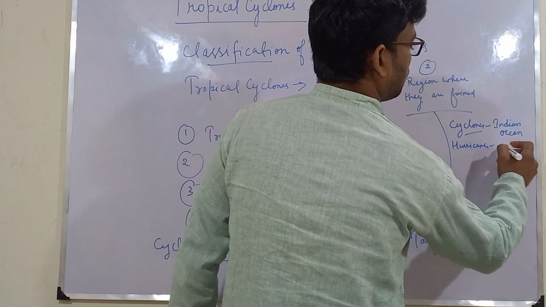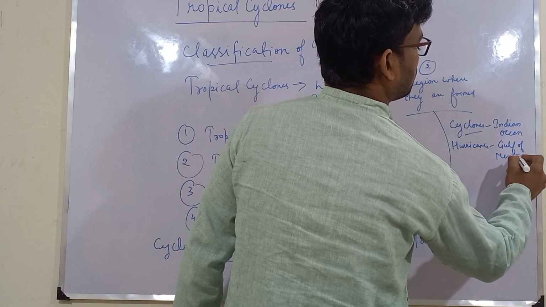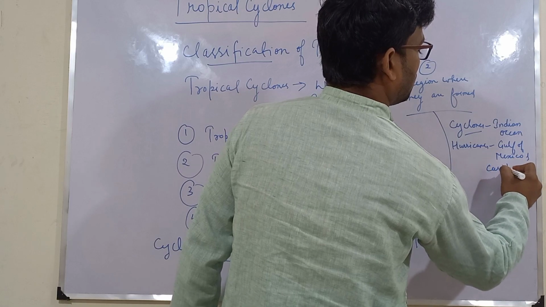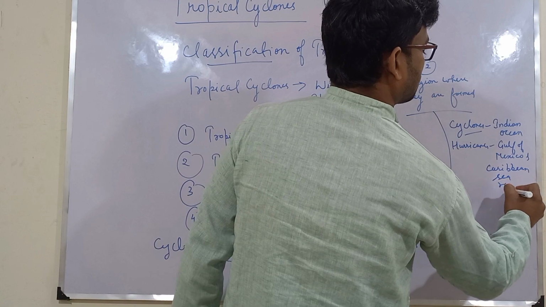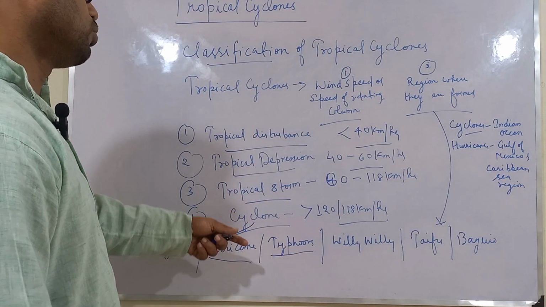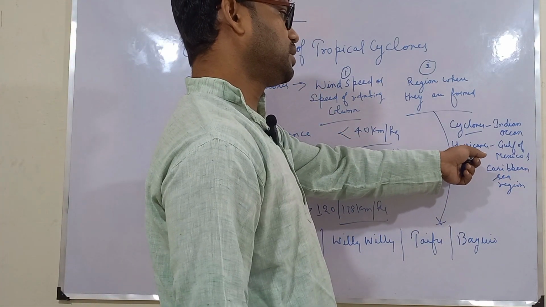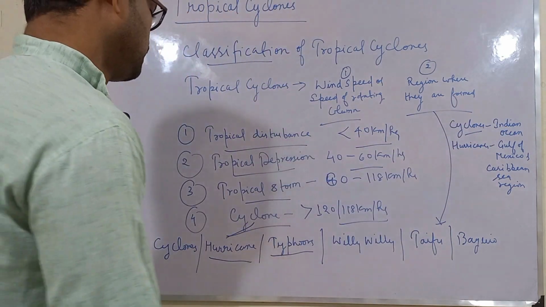Hurricanes are those formed in the Gulf of Mexico and the Caribbean Sea region. So when the same cyclones are formed in the Gulf of Mexico or the Caribbean region, we call them hurricanes. When they are formed in the Indian Ocean, we name them cyclones.